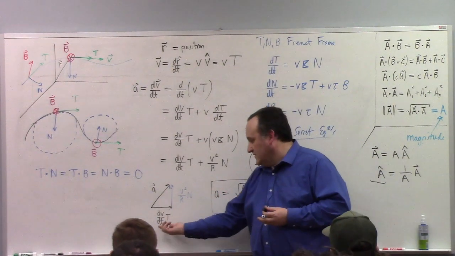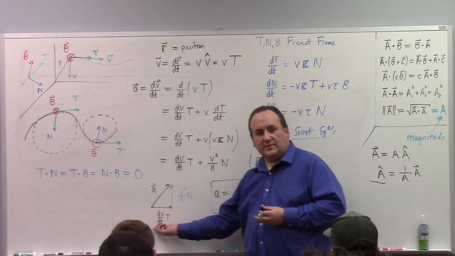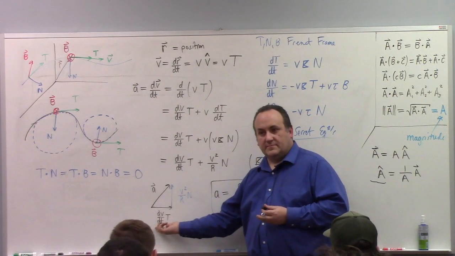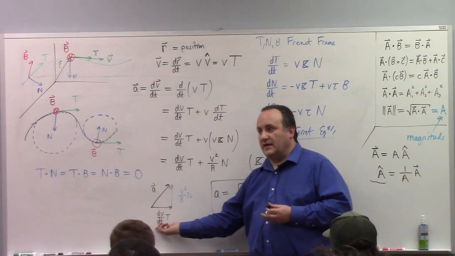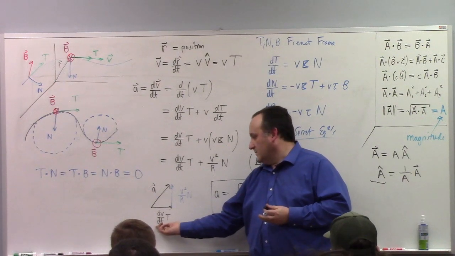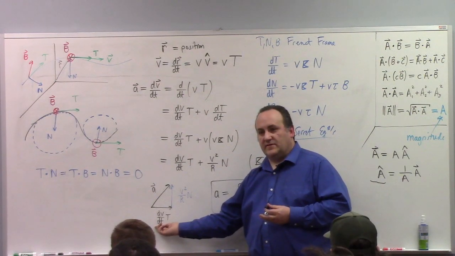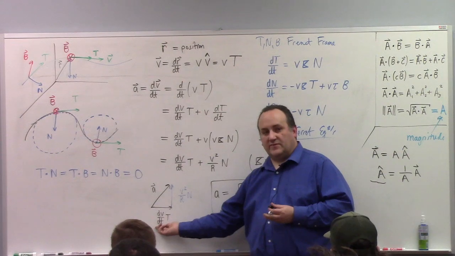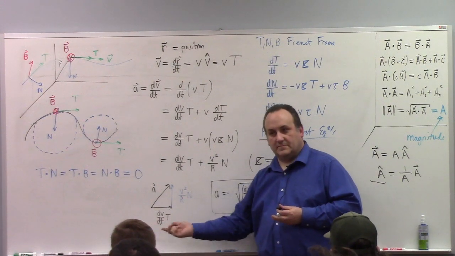And the other piece has to do with whether or not it's speeding up or slowing down. So if you're going at constant speed, the only way you can be going in a circle is if your acceleration is pointing towards the center of the circle, just like that.